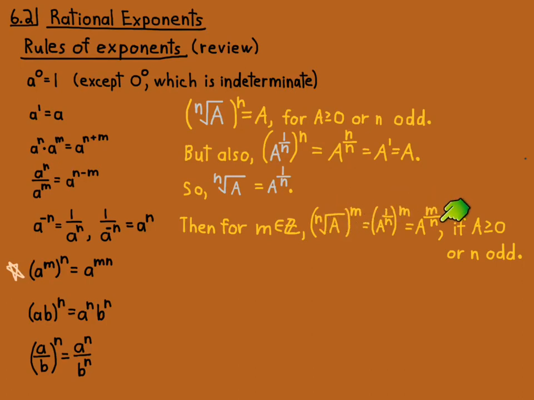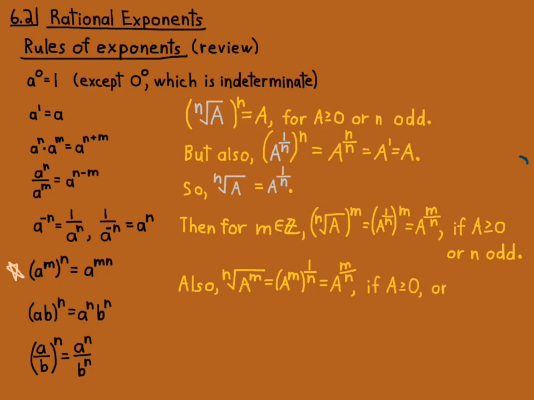The denominator becomes the root, the index of the root, or the index of the radical, and the numerator becomes the power. So you have to remember that. That's super important. If you forget that, then you get lots of problems wrong. So make a note of that.